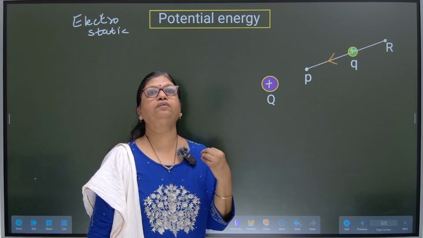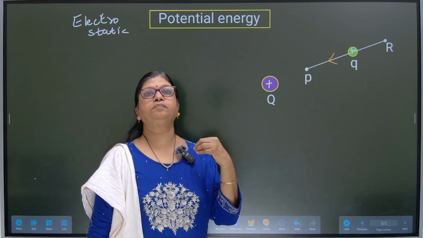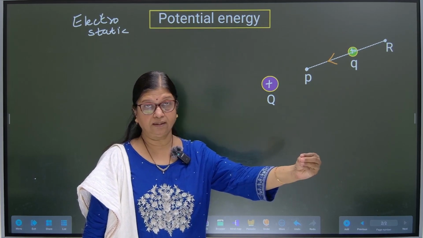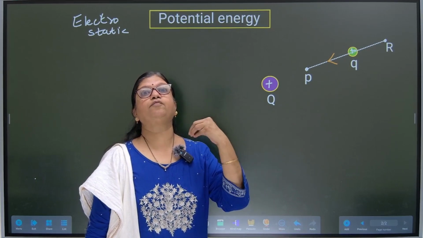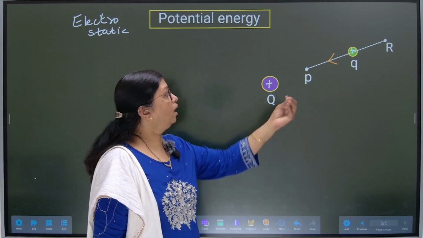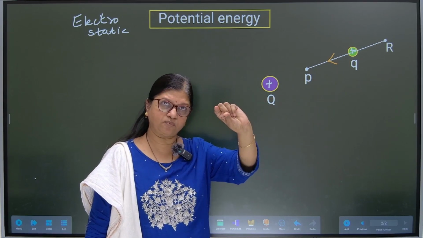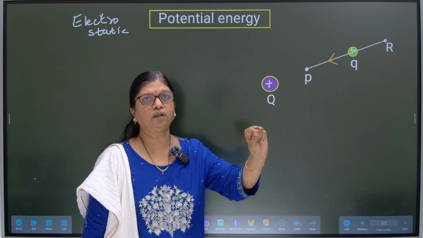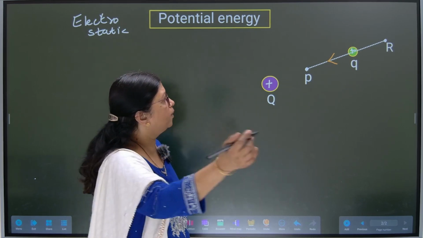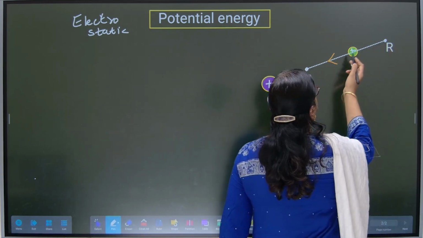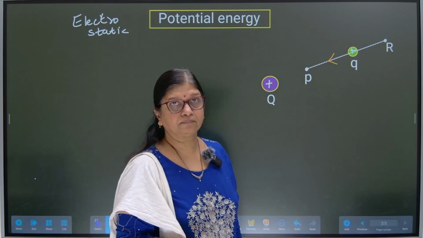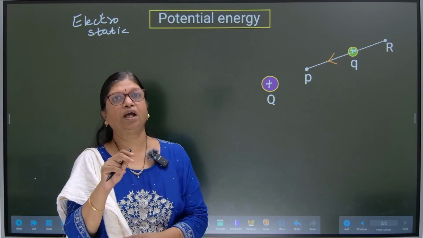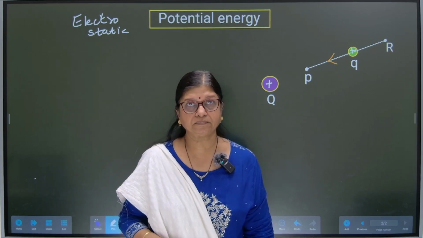Now, what am I trying to find out? I am trying to find out the electrostatic potential energy when I want to bring a positive charge which is small, denoted by small q, from the point R to the point P. Now, as can be seen, both these charges are positive.